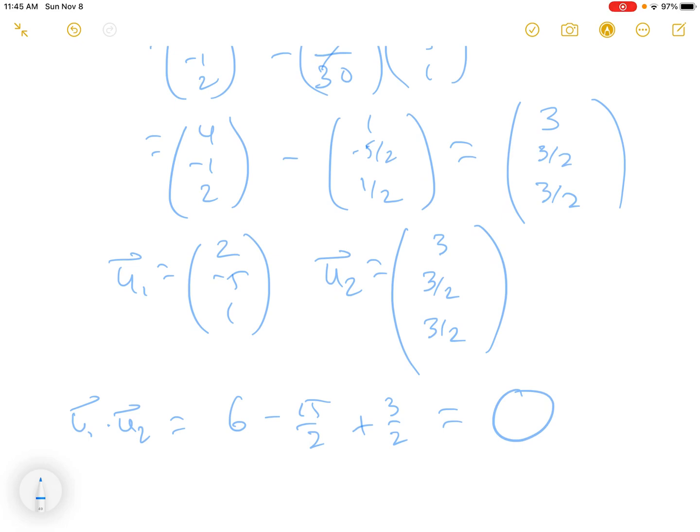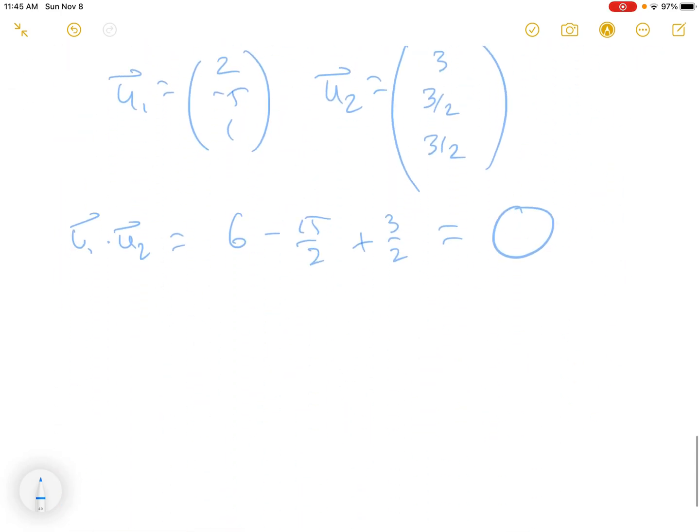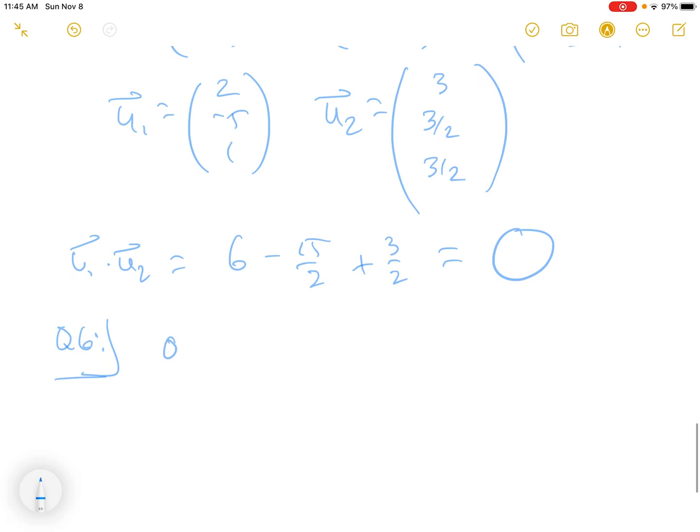And we've produced an orthogonal basis for W. And if we wanted to make it orthonormal, which is a hypothesis for many of our theorems and definitions, what's left to do?